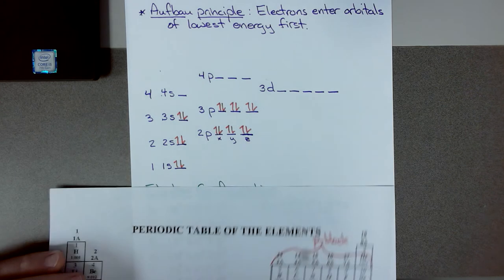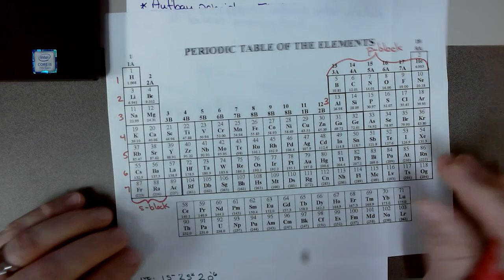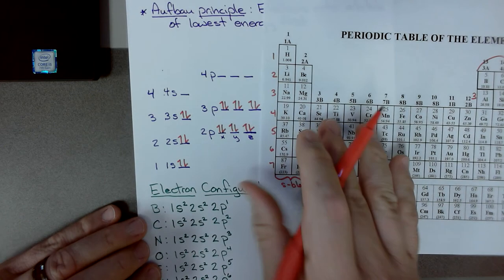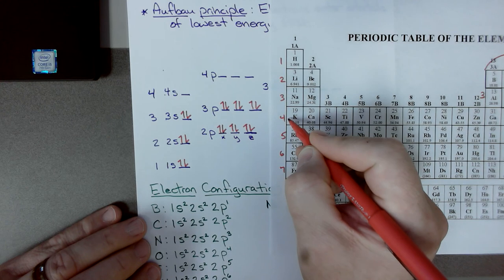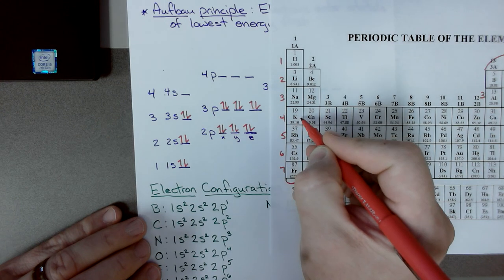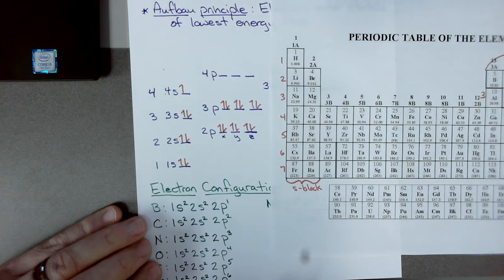And if you look at your periodic table, once we're done with argon, number 18, the next one is number 19, which is potassium, but it's on the 4th energy level in the S block. So that would be 1 electron, so that'd be 4s1.